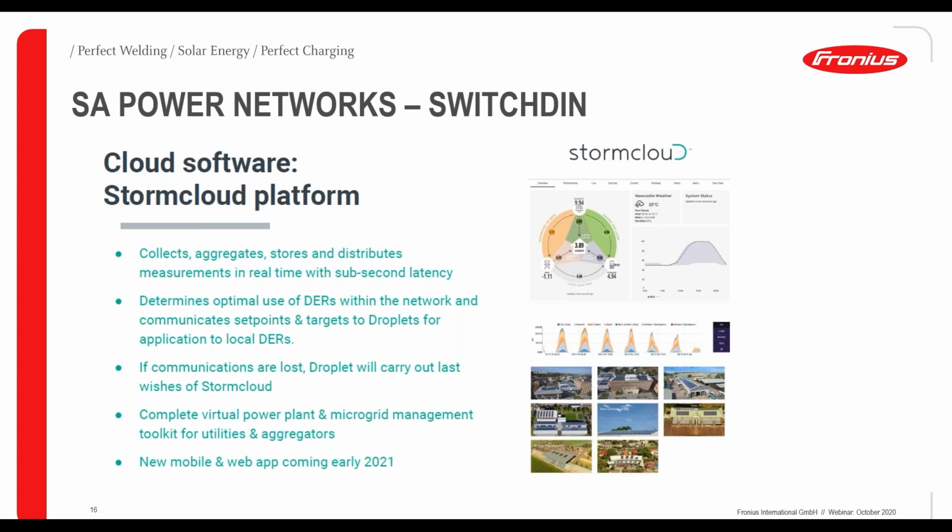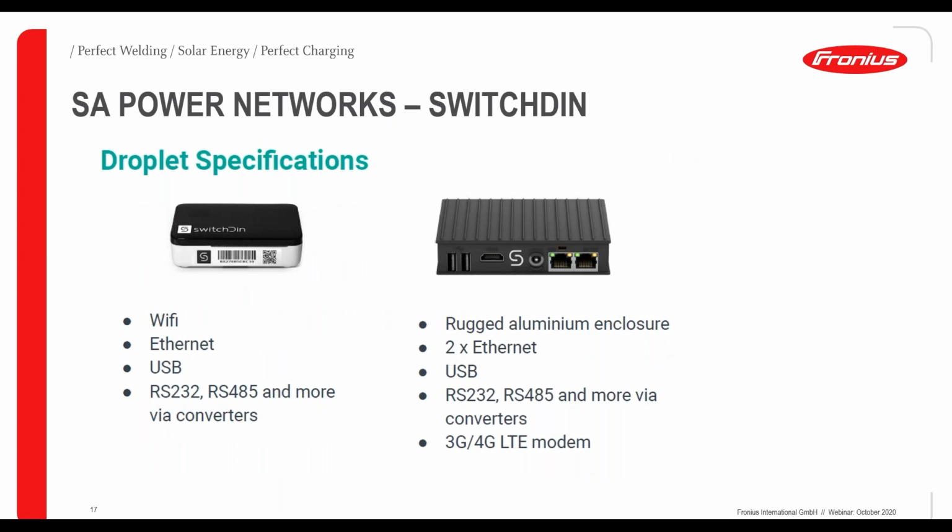As I said, it's used by many DNSPs for virtual power plants and microgrids. So they covered that as well. The left-hand one is the domestic one, and the right-hand one is the industrial one. The industrial one is more expensive, and it has 3G, 4G capability.